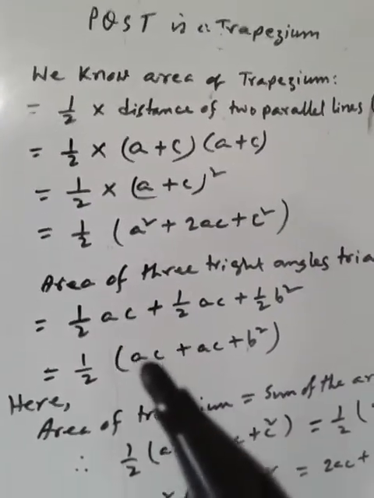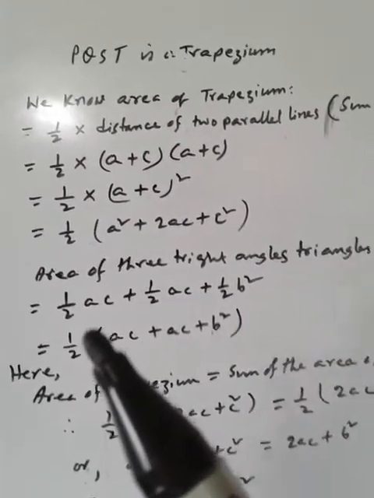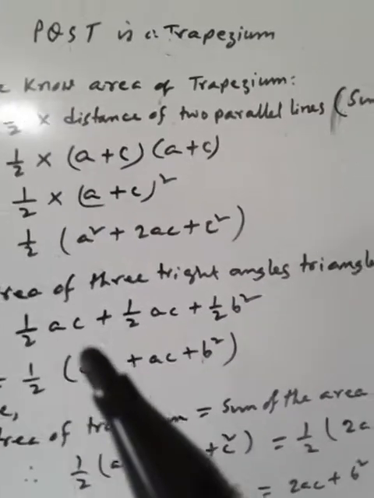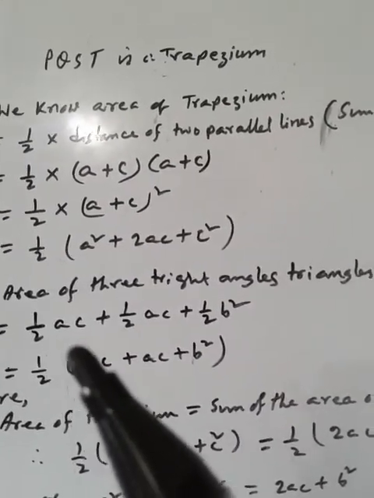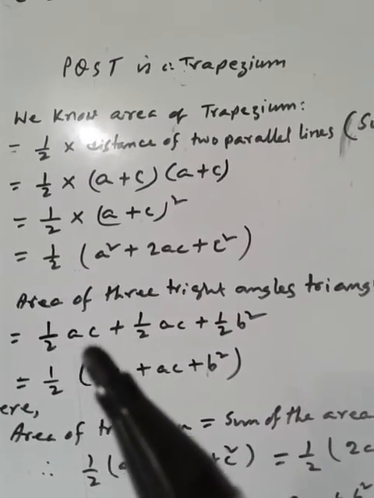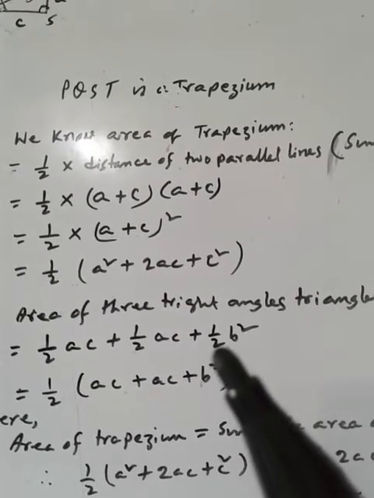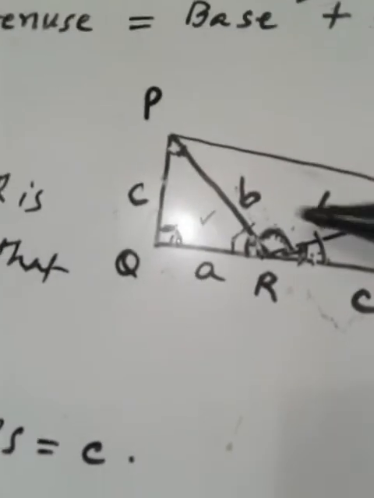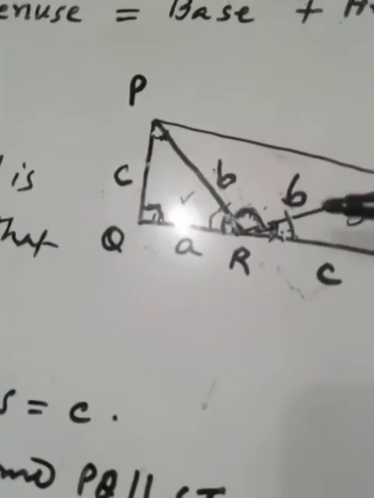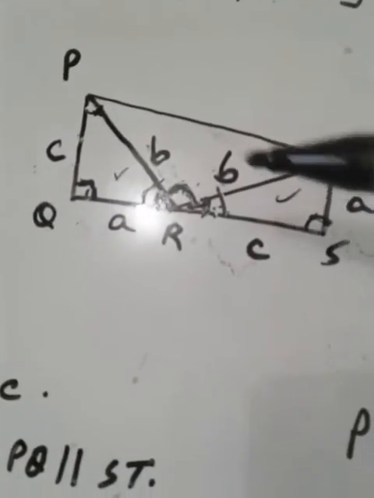And the area of the three right angle triangles: we know the area of a triangle is half into base multiplied by height. One triangle is half AC, another triangle is half AC, and for the other triangle the base is B and the height is also B, so it is half B square.